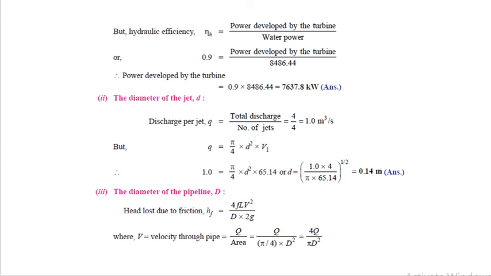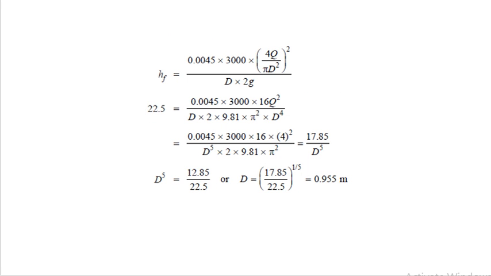You have Q, and the area is π by 4 D squared, so you can write the velocity in terms of the diameter D. Put this value of V here, and you get a relationship in terms of D. The value of Q is 4 meter cube per second. With this relationship you can calculate the penstock diameter, that is 0.955 meter.